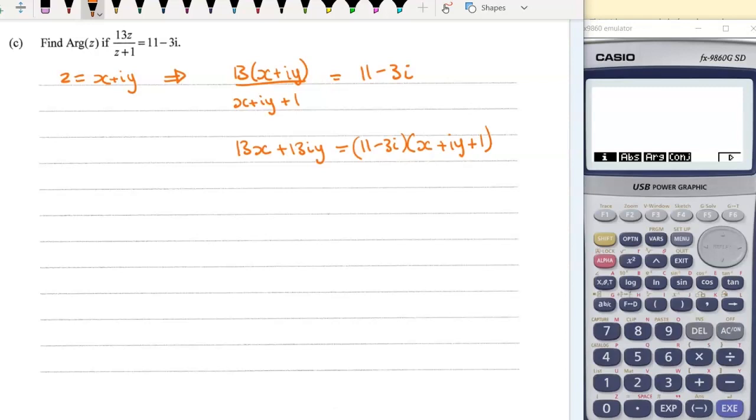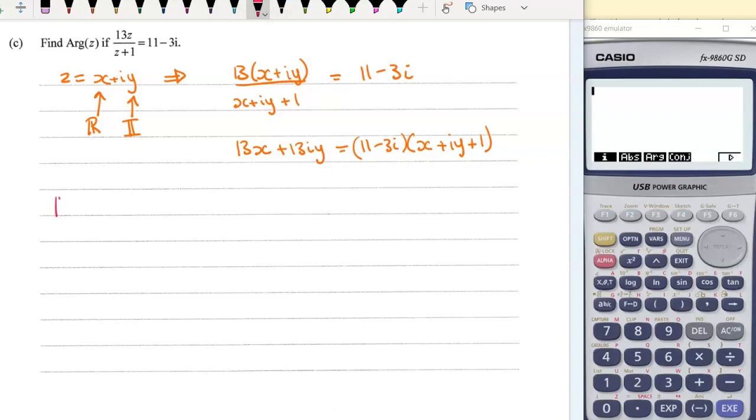Now, remember we're trying to work out the x portion and the y portion. So that's the real part and that's the imaginary part. So we don't need to go full hog on the whole expansion here. We could save ourselves a bit of effort just by looking at those real and imaginary parts separately.